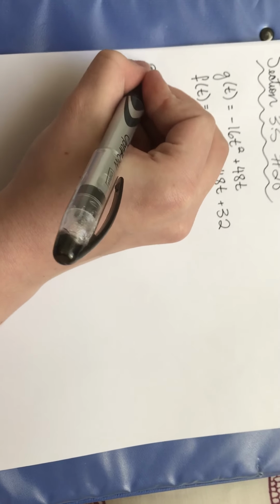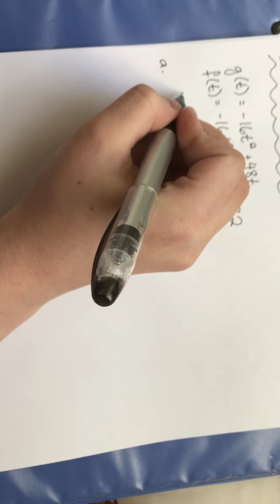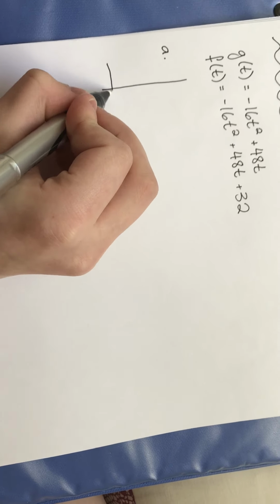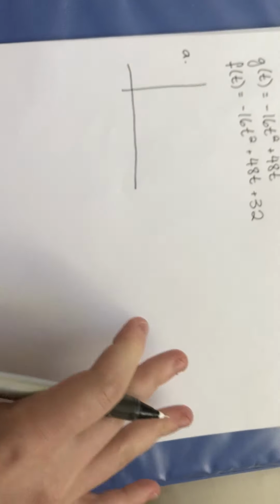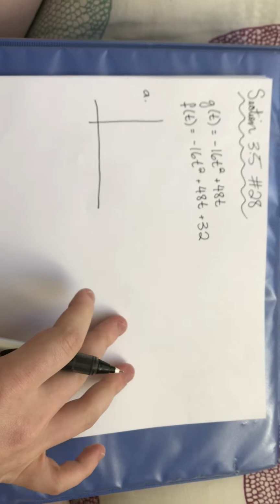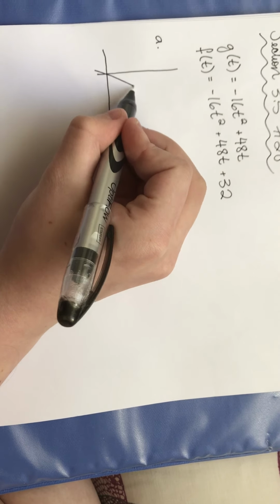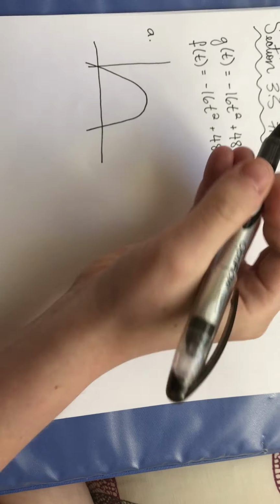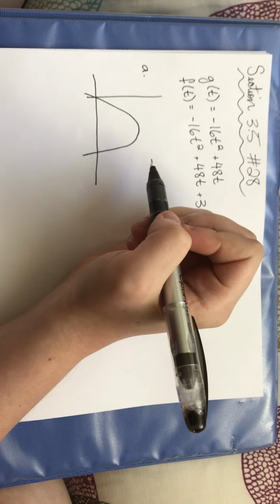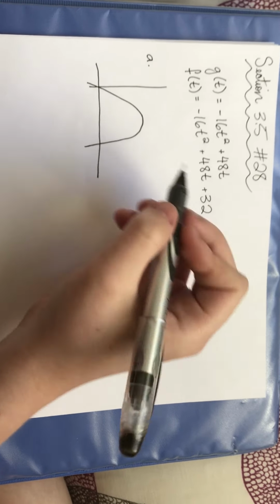This is pretty easy to do. So if we graph it like this, oh sorry, my lines are not straight at all, it's fine. G(t) is going to look something like this. From the negative 16, we know it's going to be an upside down parabola.